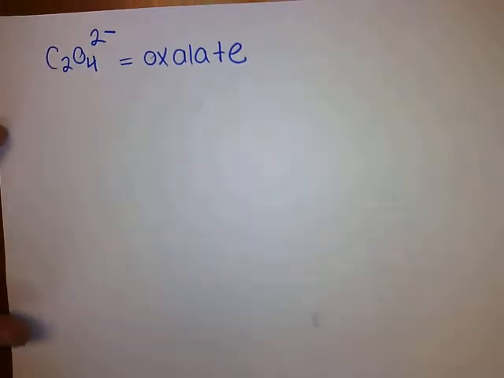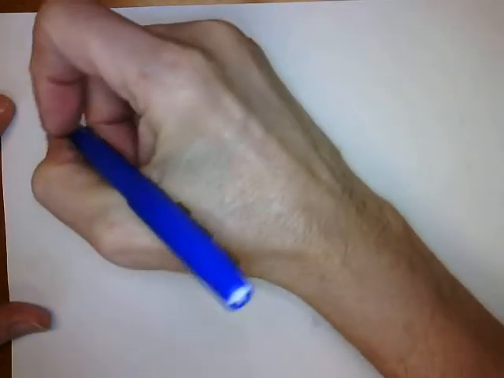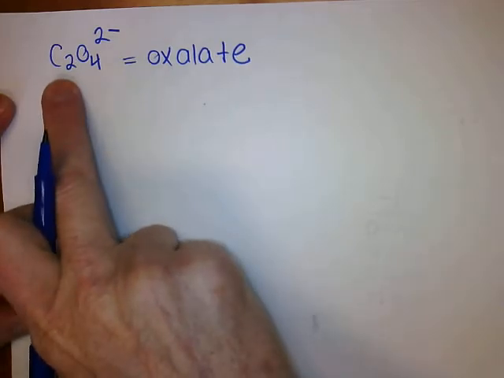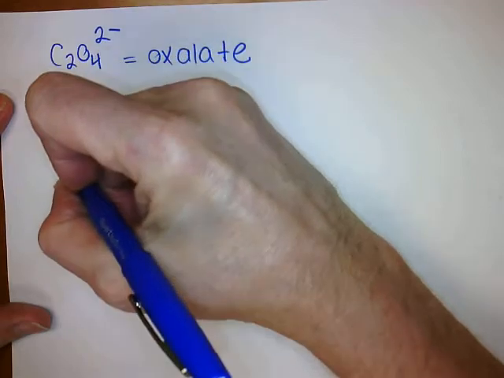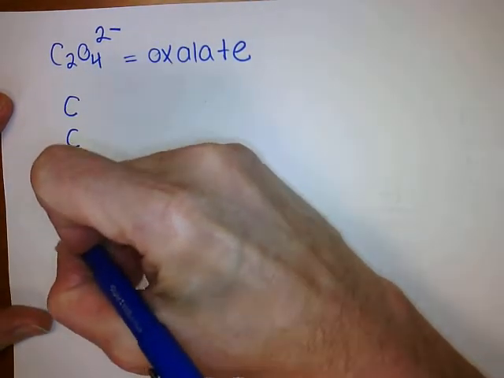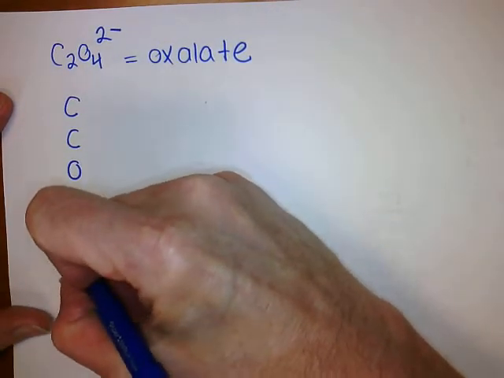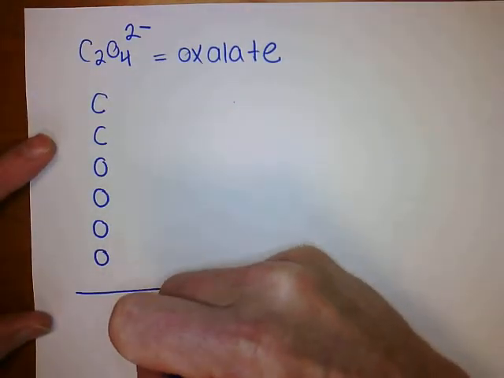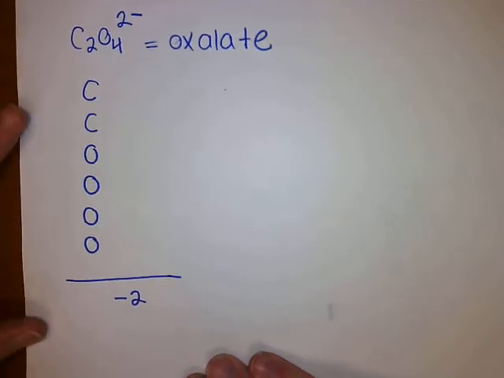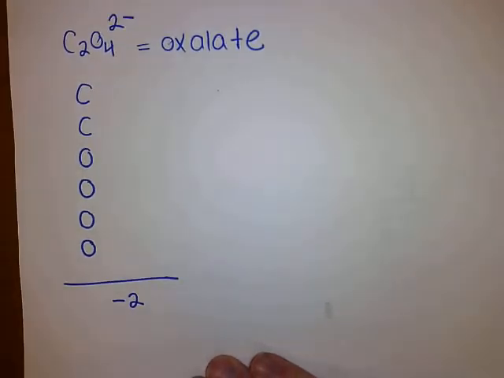I picked this for a reason. So we have 2 carbons and 4 oxygens, and that has to add up to -2.